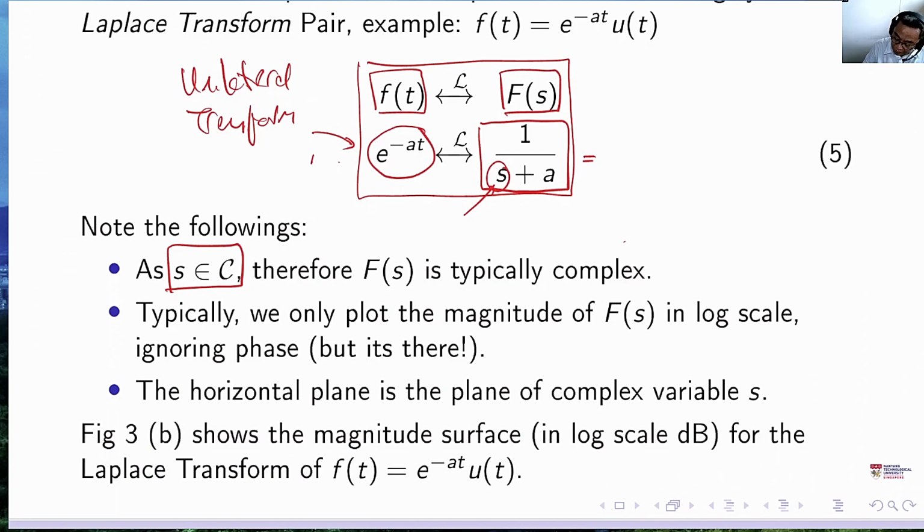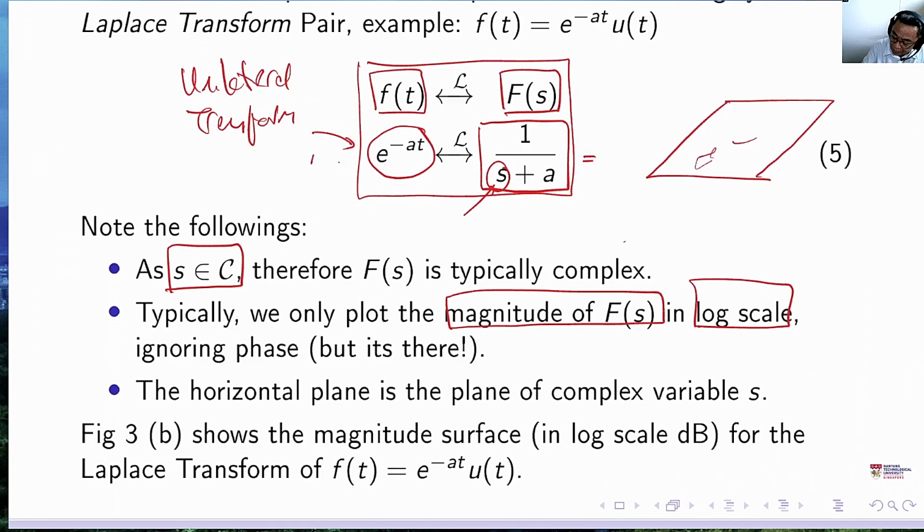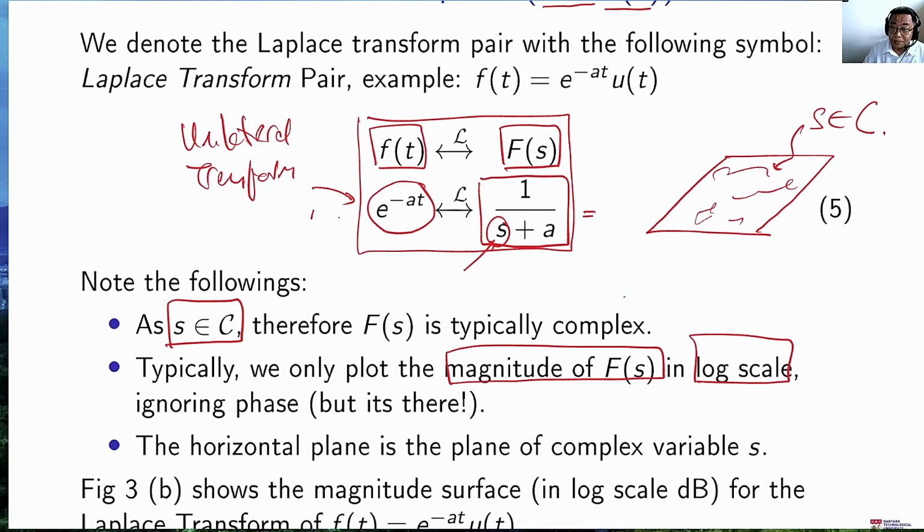Okay, now we can plot the complex surface typically in the log scale or the magnitude scale, so you must be careful here. So if you say this is my s, the entire s, which is the complex number, and then now you want to plot the magnitude, so you get here the magnitude of F of s, and for every point, you can plot some magnitude and you'll get a surface.